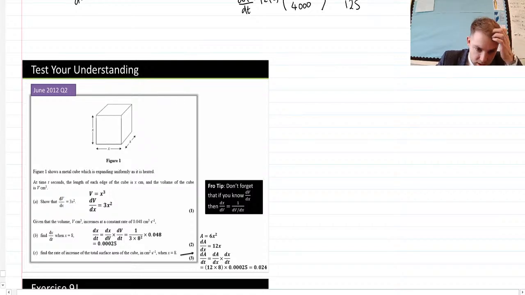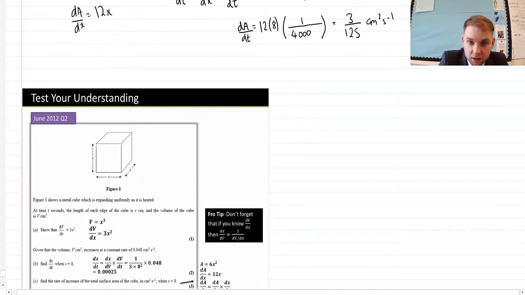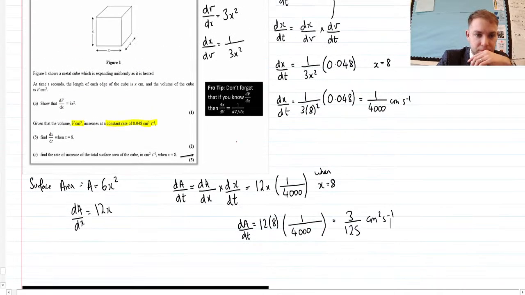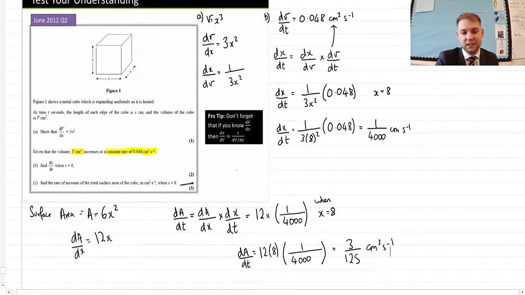Just going to check that that's 3 divided by 125, 0.024. Yeah, perfect. Brilliant. So there's that. Get that down. That's the last question we're going to have a look at.